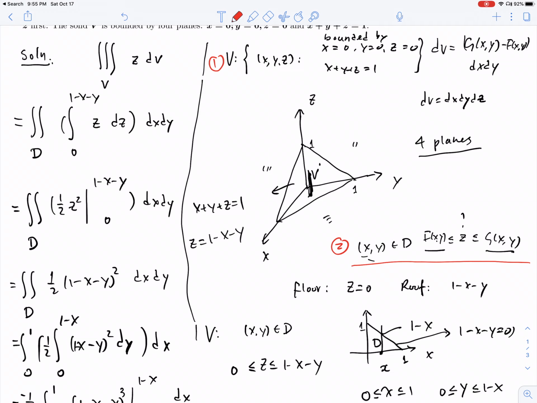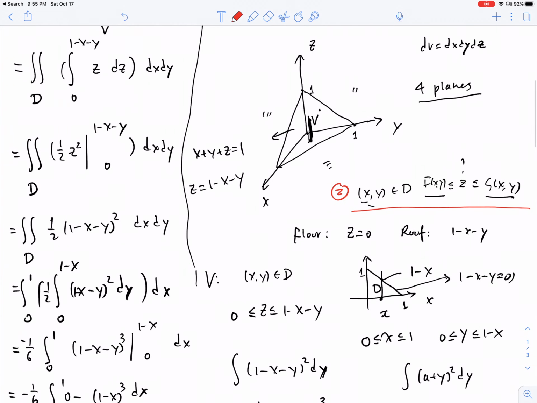We can actually treat it as type 2 or type 3, but just for the sake of time, let's just do type 1 over here. So we look at the diagram and we see that if we fix x, y in D, then z is changing between 2 functions. One is 0, the other one, we usually say the floor or the roof.